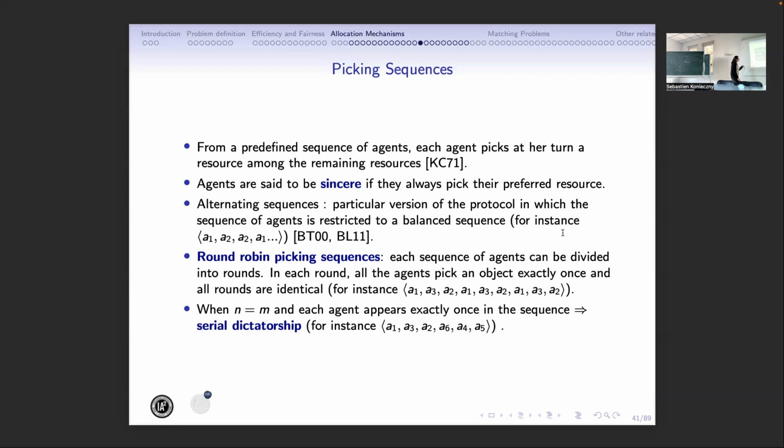At each round, you have 1, 3, 2, and you repeat the rounds. And when you have the same number of items and the same number of agents, and each agent appears exactly once in the sequence, so all the agents will appear in the sequence, you have a mechanism which is called serial dictatorship, with interesting guarantees.